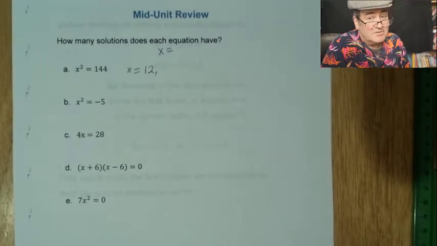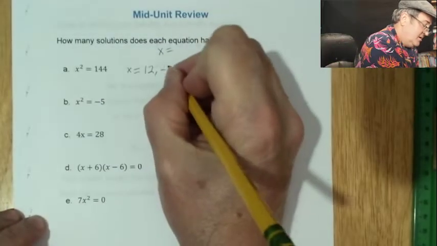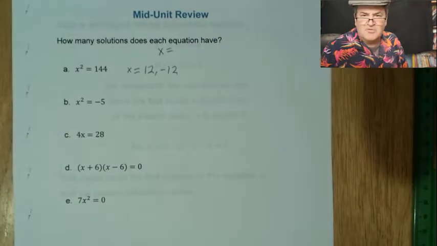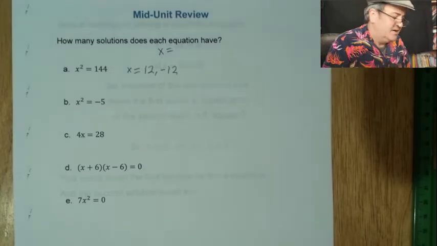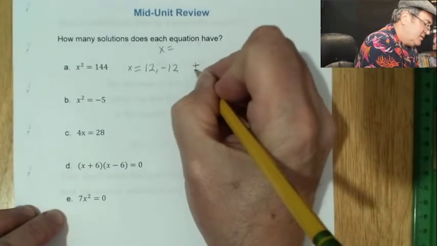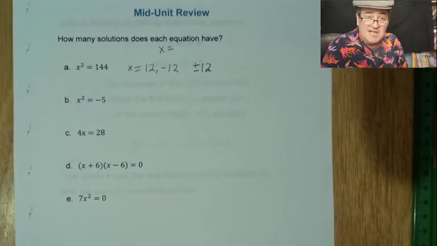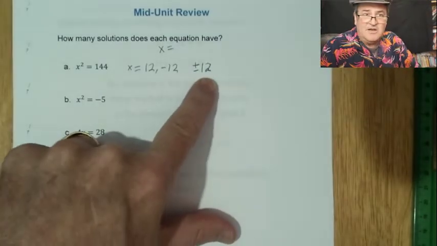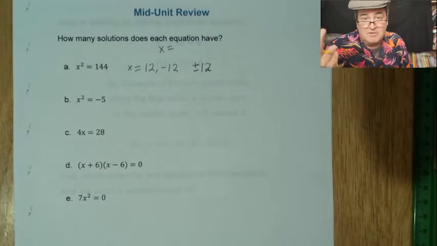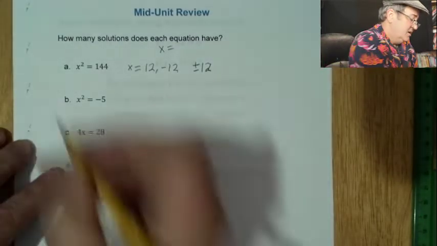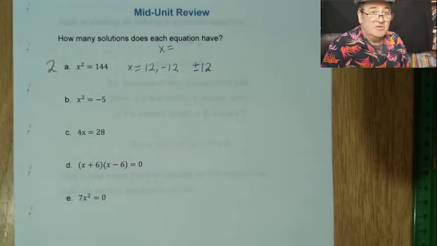There is another answer. What is the other answer? Negative 12. Remember, positive 12 and negative 12 both multiply together to give 144. So you can put on the test, there's that button that I taught you last time, plus or minus 12. This tells me there's 2 solutions. One's plus 12, one's minus 12. So this has 2 solutions.